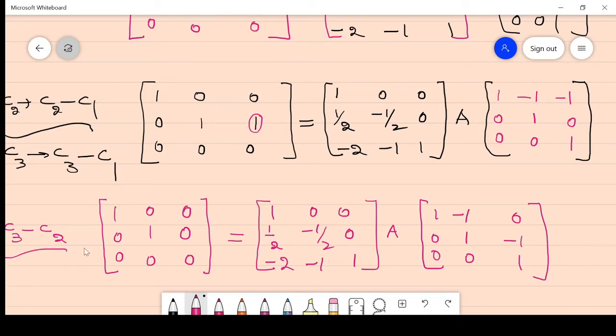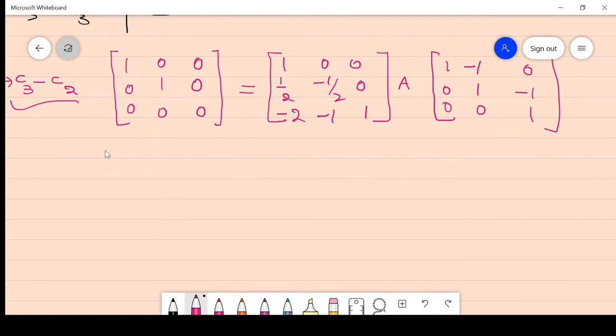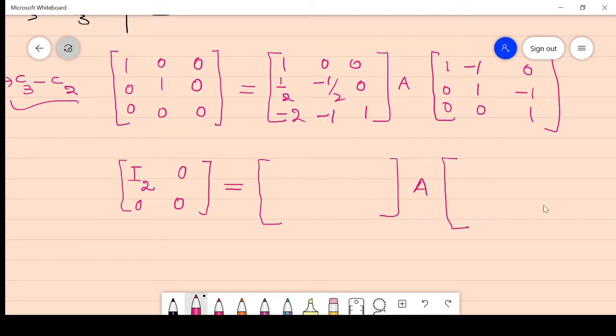So we get this matrix. Here we clearly see that the left hand side is converted into this form, which is I2. I2 means identity matrix of rank 2. So this is a P matrix, this is the A matrix, and this is the Q matrix. So what do we get?